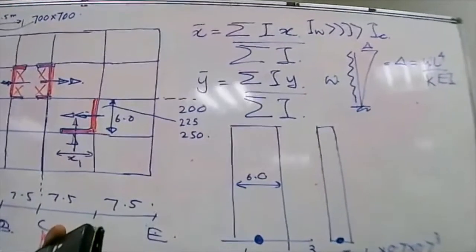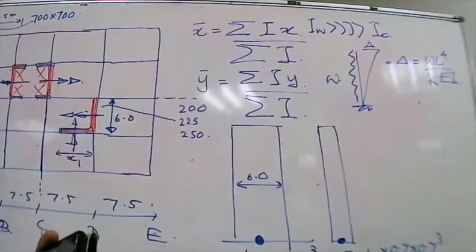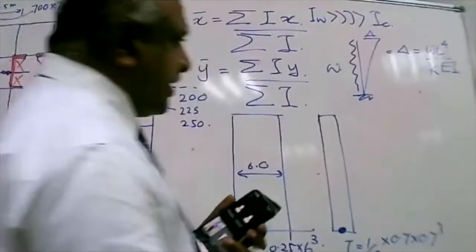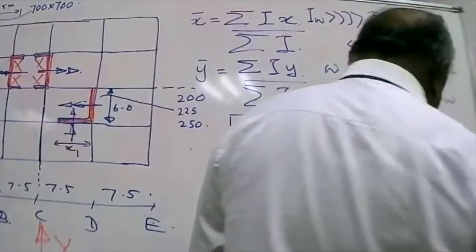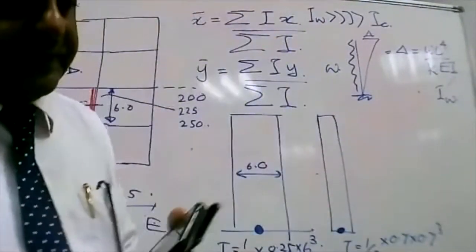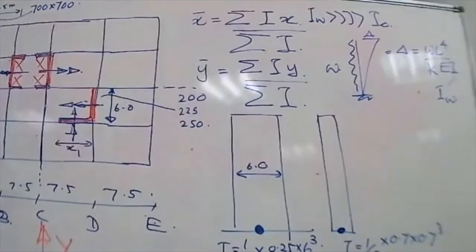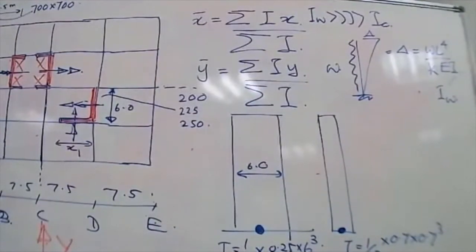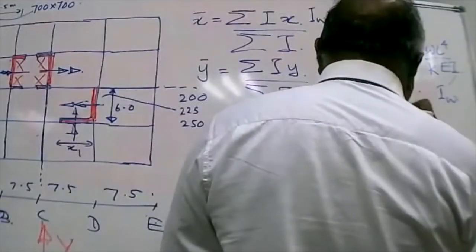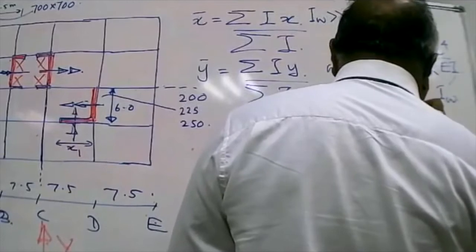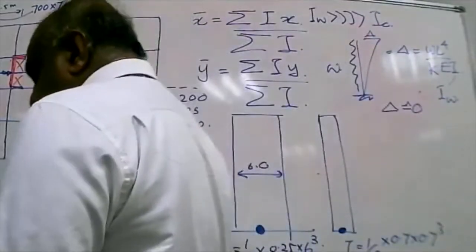So if you're using this equation, if I is very big in the wall, I W is very big, what can I say about the delta value? Delta will be very small. And then you say delta is so small that we say delta is equal to almost 0 because it's only a 10-story building. Delta is approximately equal to 0.